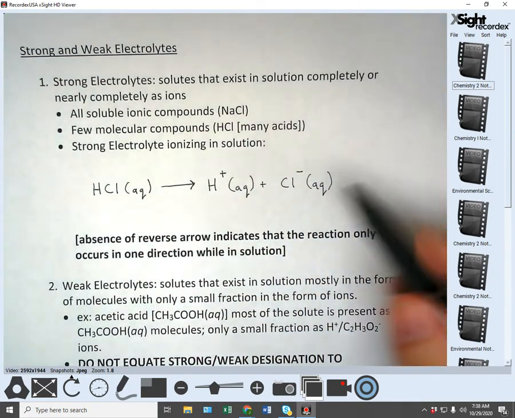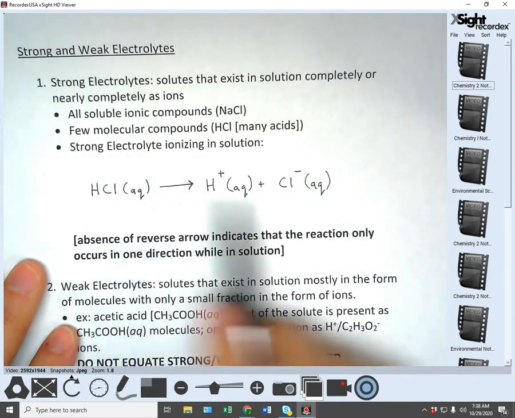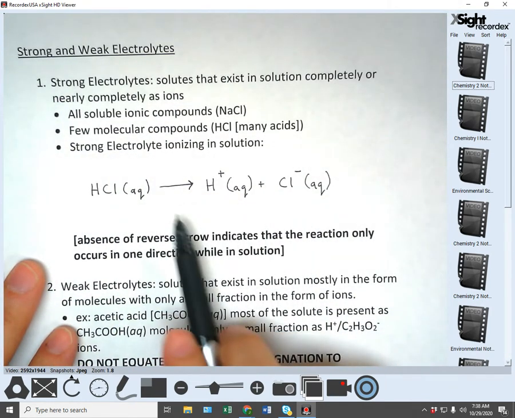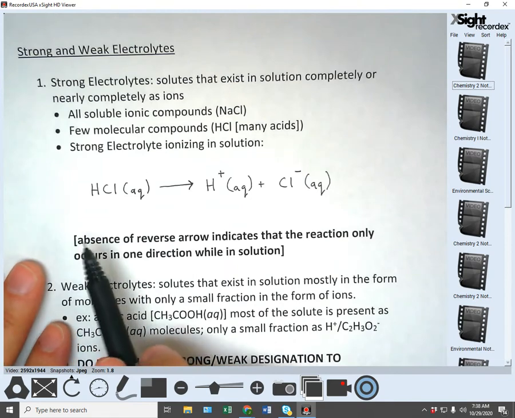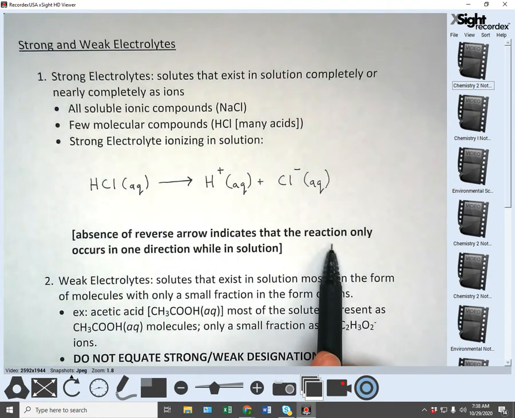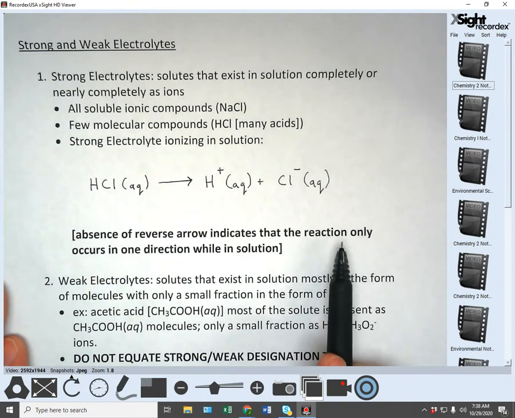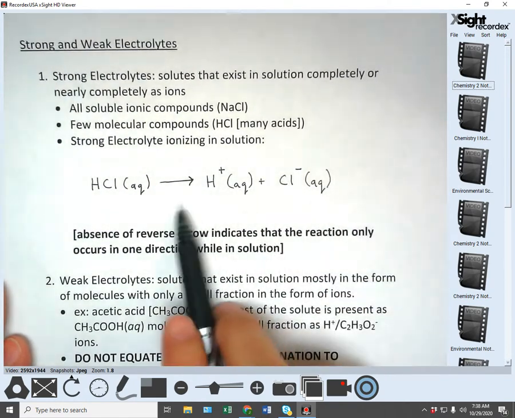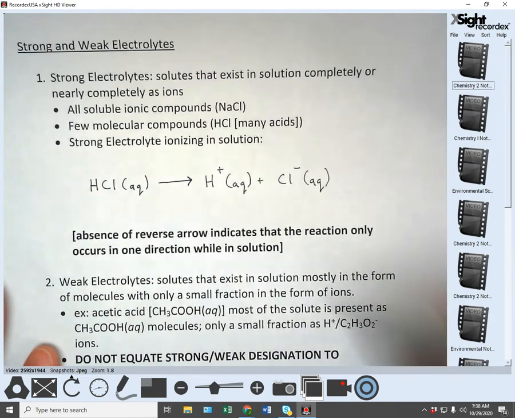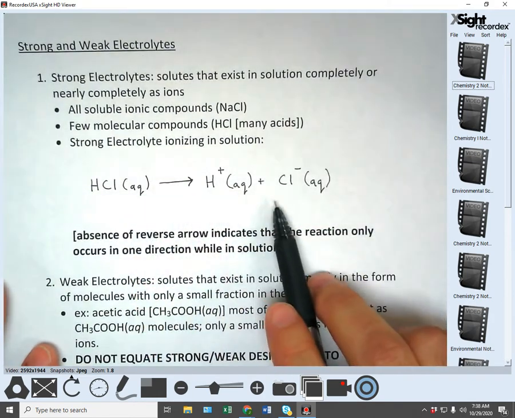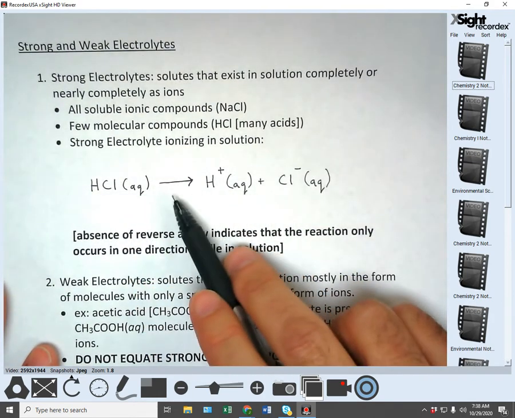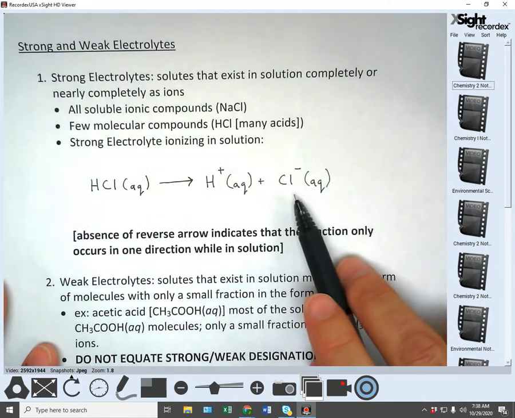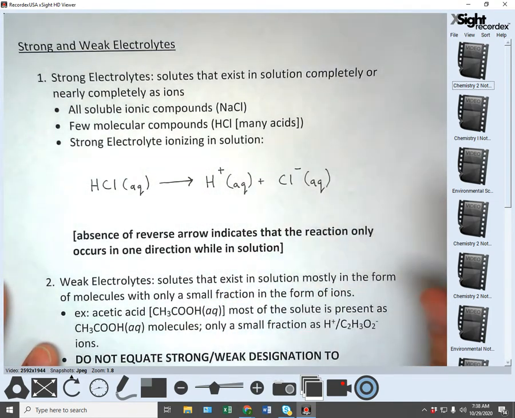This is just showing the ionization in water. I put this in bold: the absence of a reverse arrow indicates that the reaction only occurs in one direction while in solution. In other words, when you put this into water, it splits up into H plus and Cl negative and stays that way.